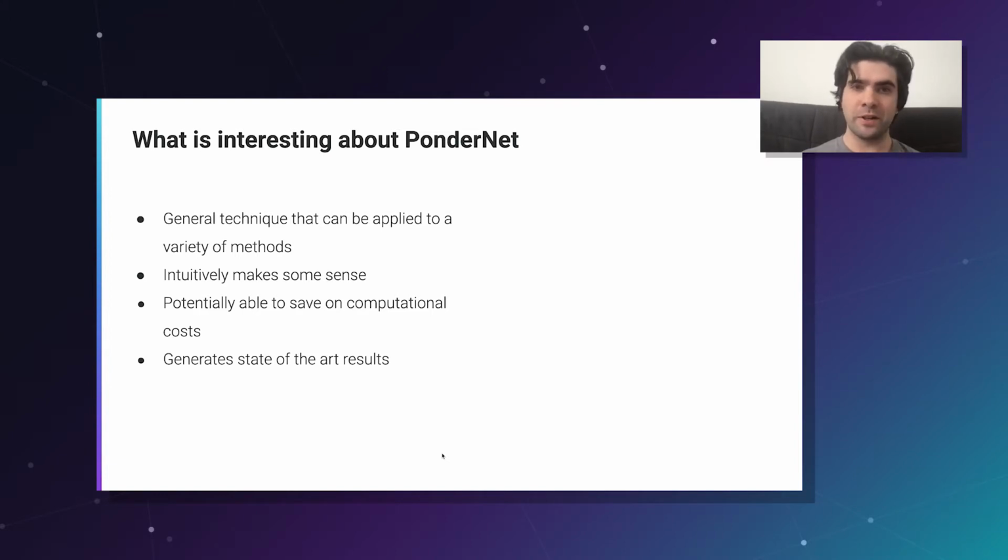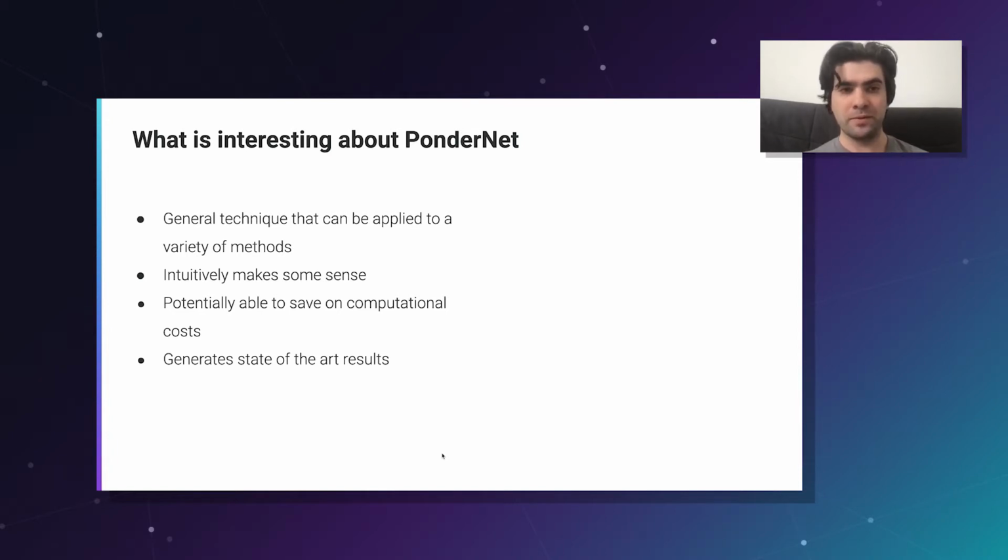Additionally, this technique has been shown to be able to save on computational costs. I think this is especially a hot topic today, given that especially within the NLP field, we're seeing more and more models reach billions and billions of parameters, or sometimes even up to like 1 trillion parameters. And the computational costs to train these and to even do inference on them can be really tremendous.